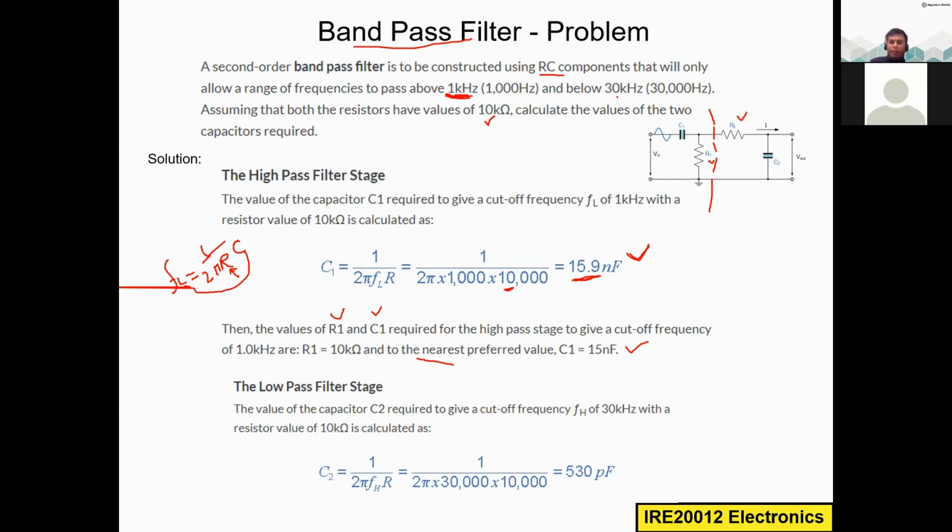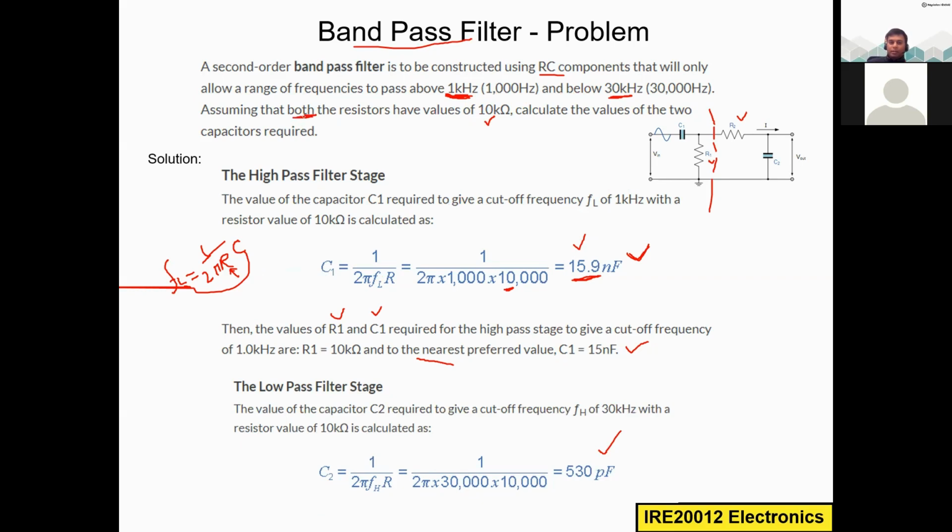We already know the upper cutoff frequency, that is 30 kilohertz, and apply the same formula. We don't know the C2 value, so bring C2 here, apply the numerical values, and then you will get the C2 value. So now you know C1 and you know C2. You also know R1 and R2 because both resistors are given in the problem.